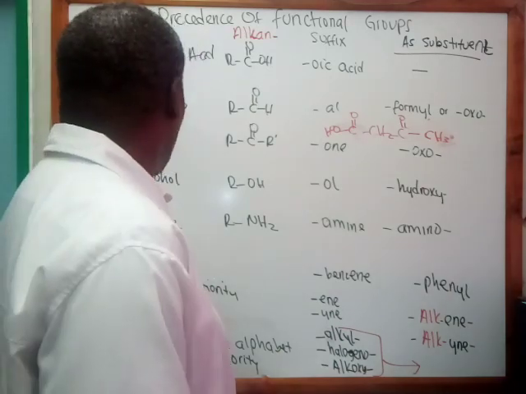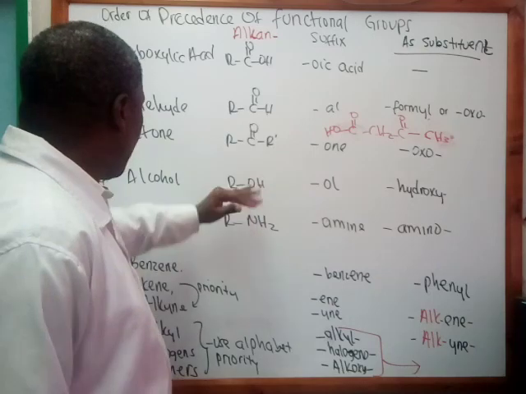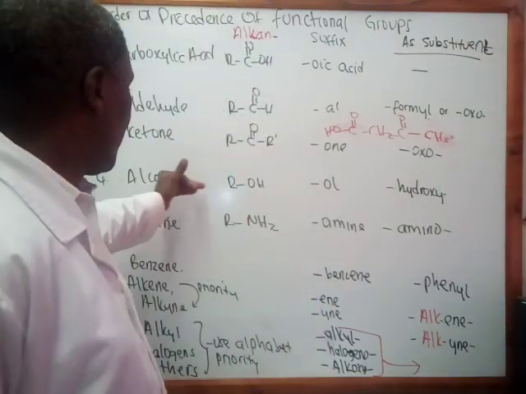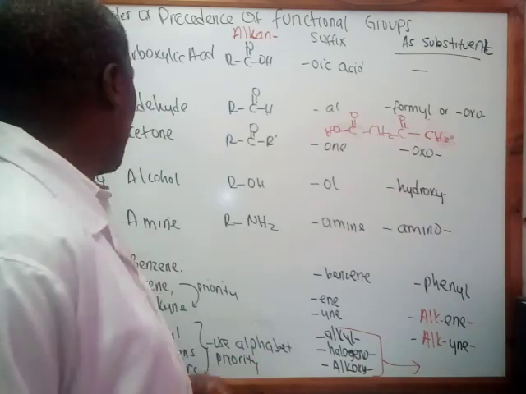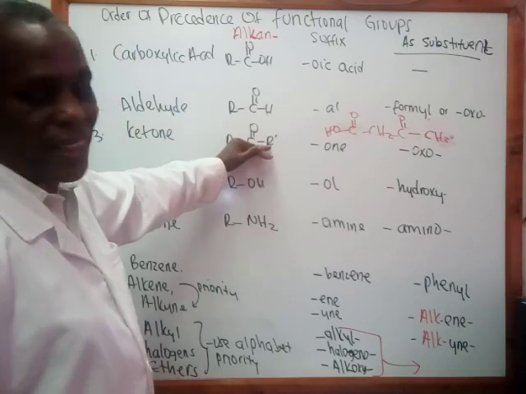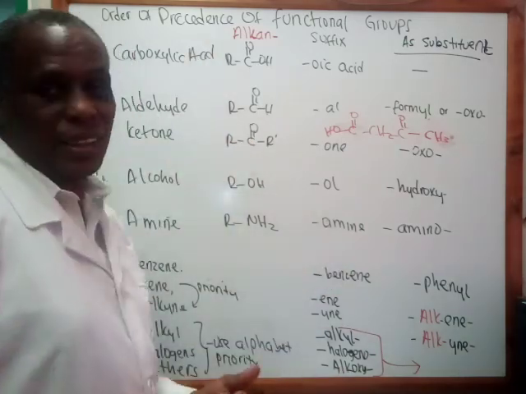Okay. Now, the next functional group that you're going to be looking at is an alcohol. An alcohol is at a lower ranking than either an aldehyde or a ketone or a carboxylic acid.